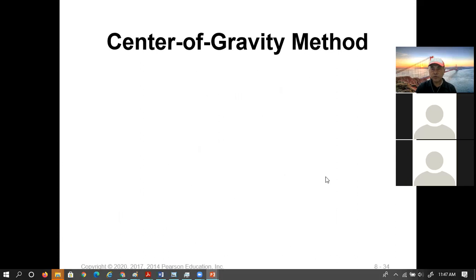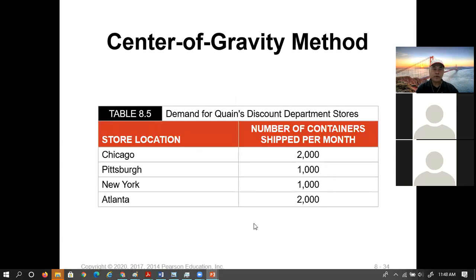So this is the example. We have 4 locations with the number of customers, or it can be the number of containers shipped per month: Chicago 2000, Pittsburgh 1000, New York 1000, Atlanta 2000.